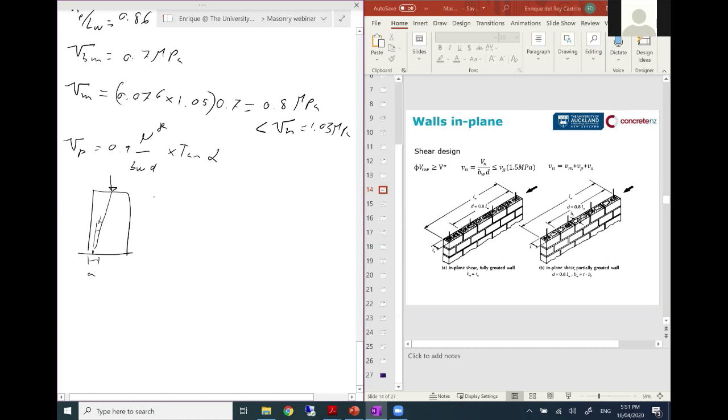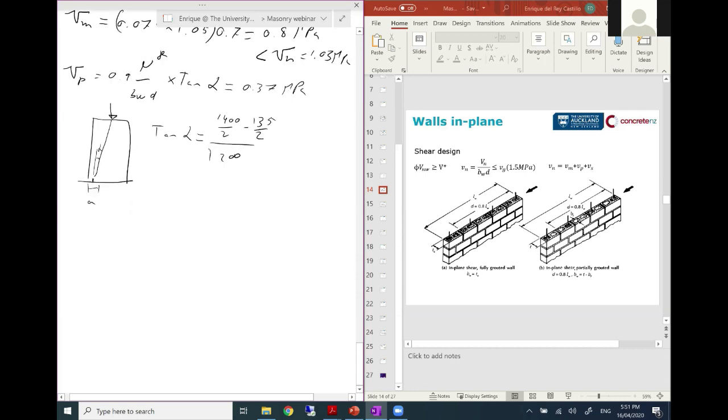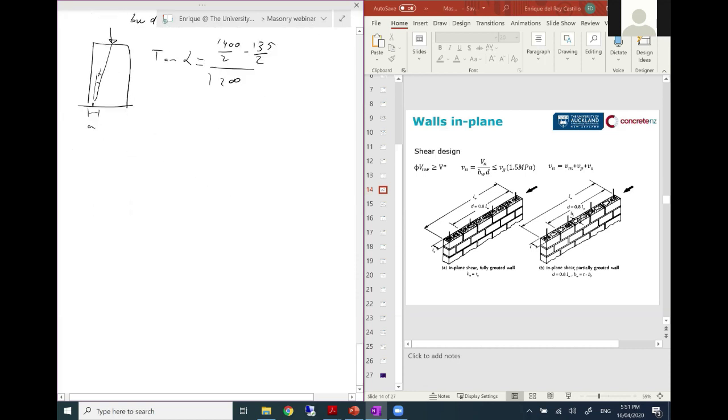That means that my tangent of alpha is equal to 1400 over 2 minus 135 over 2, divided by 1200. And then when we plug that in here, we get 37 MPa. I'm going quite fast here because I'm running out of time, and this is actually quite simple.